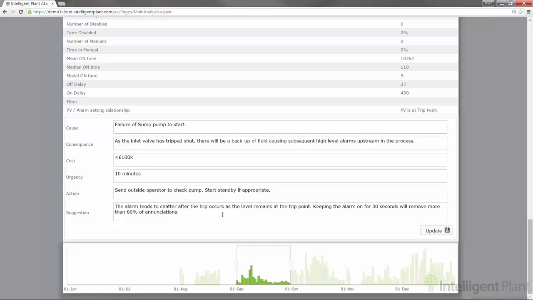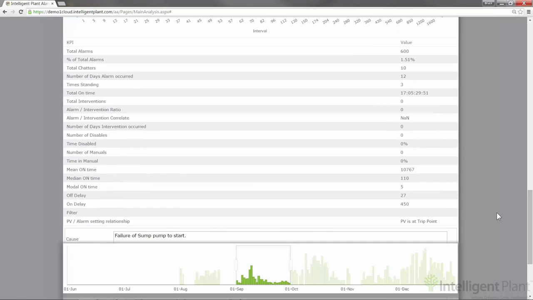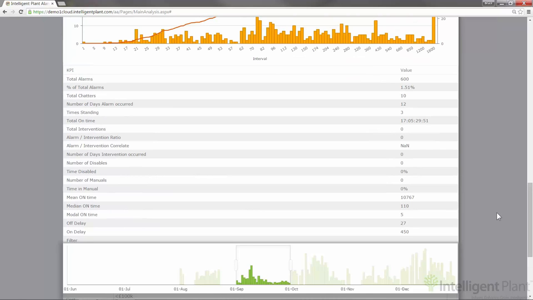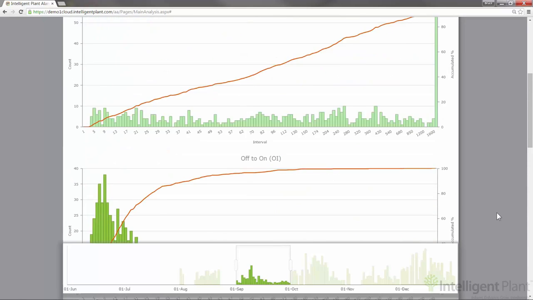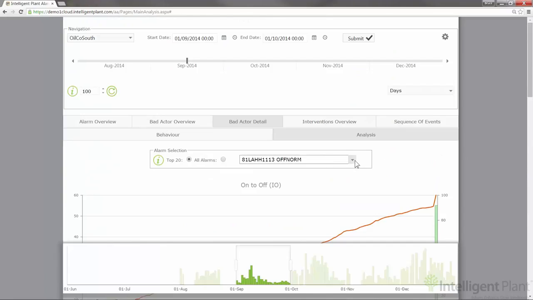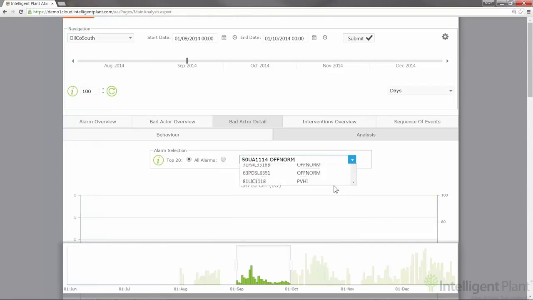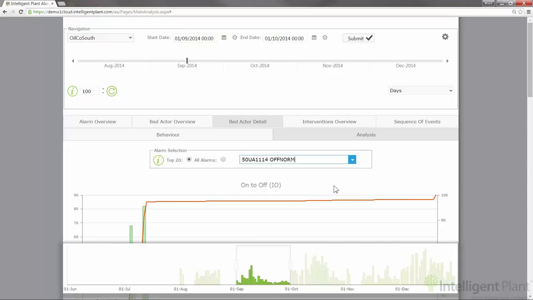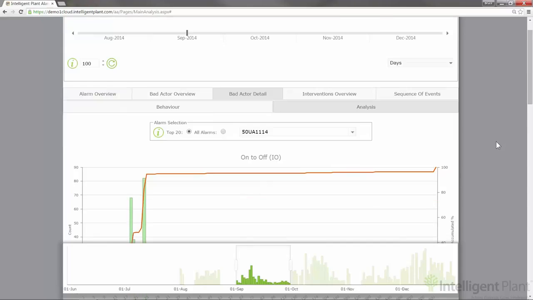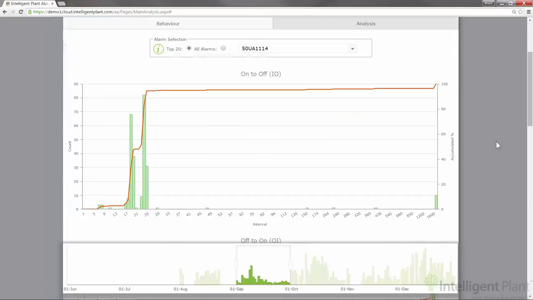So we can go through all our tags, each of which is likely to have different characteristics in these charts depending on what the tag is doing. This one has an unusual characteristic, in that the charts are showing us that the alarm is on for either 19 seconds or 24 seconds.